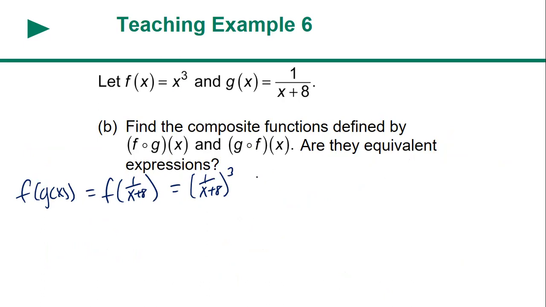Where's that third come from? It's the power on the X. You're gonna keep everything outside of the X the same, right? You're only changing the X. So this equals (1/x plus 8) to the third. So that's the function here.